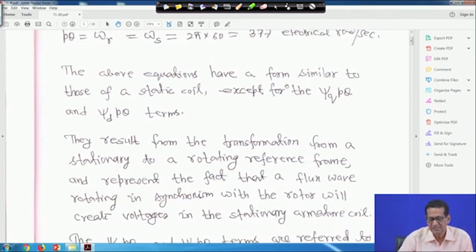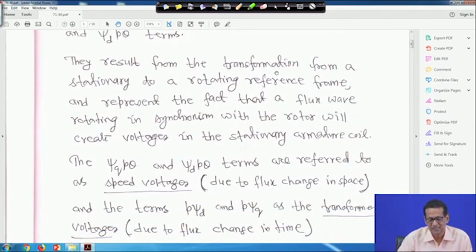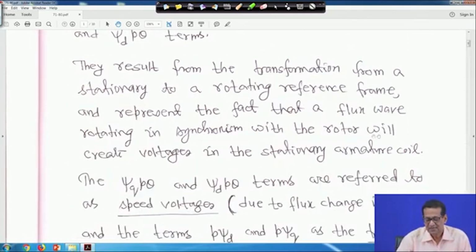Now, the above equations have a form similar to those of a static coil except for the psi q p theta and psi d p theta terms. These result from the transformation from a stationary to a rotating reference frame, and they represent the fact that a flux wave rotating in synchronism with the rotor will create voltages in the stationary armature coil.